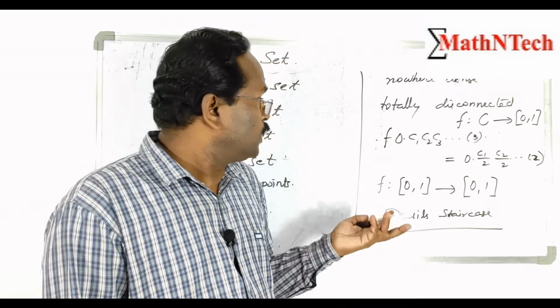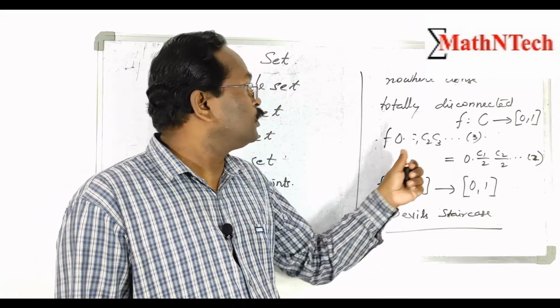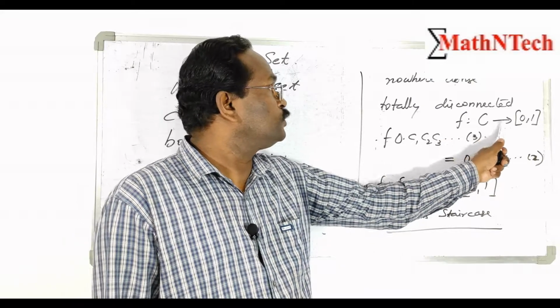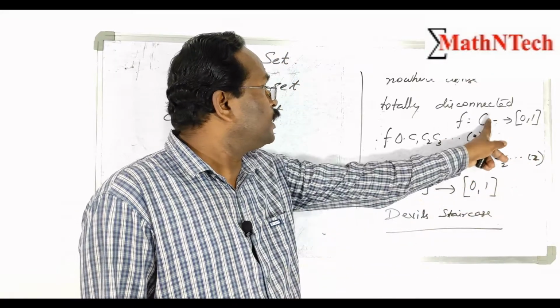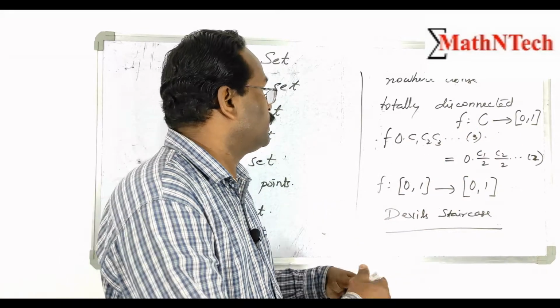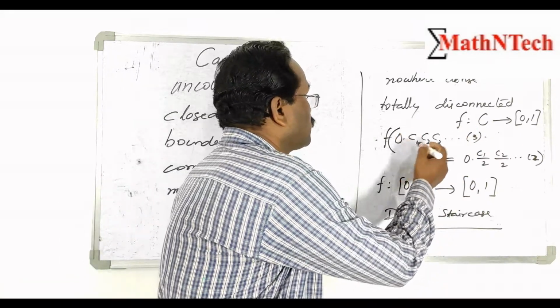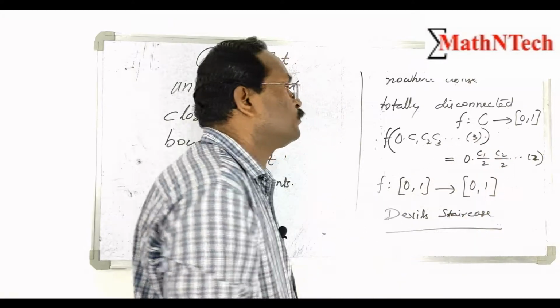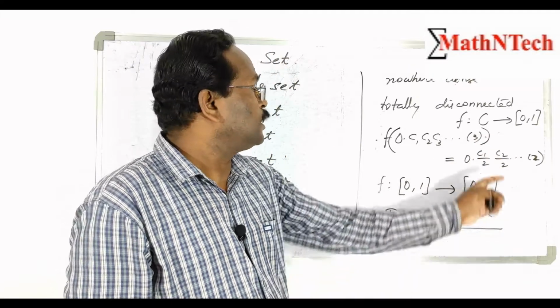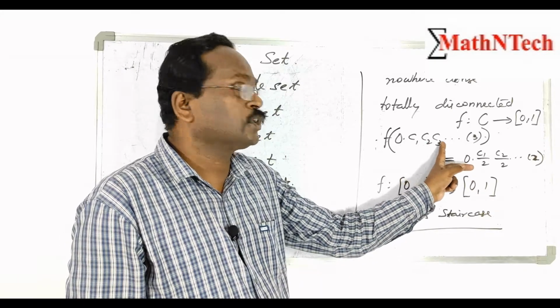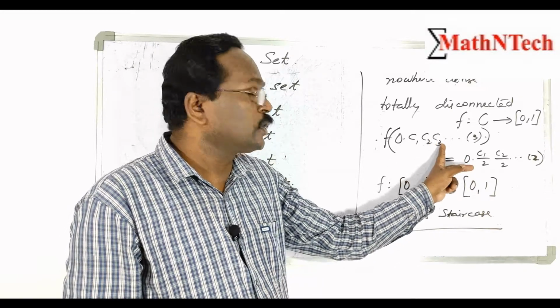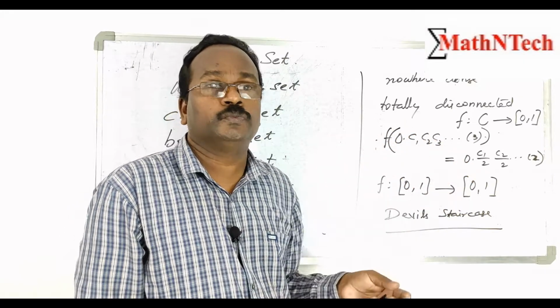Now again, into real analysis, we can define a function from the Cantor set into the closed interval [0, 1]. Every element in the Cantor set has a ternary representation. If x is an element of the Cantor set, then x equals 0.c1c2c3..., where c1, c2, c3, etc. are either 0 or 2.